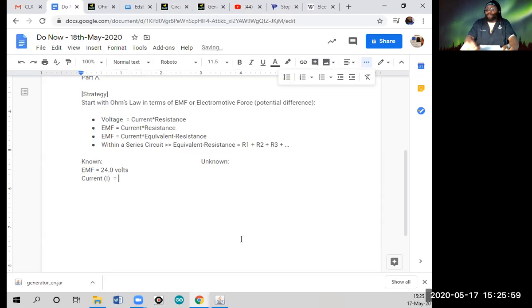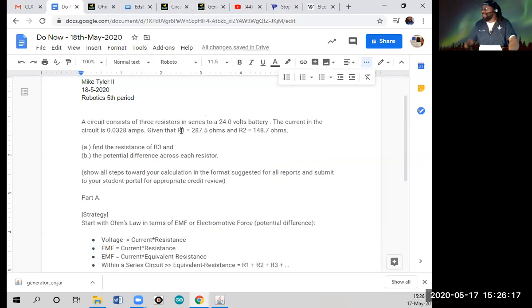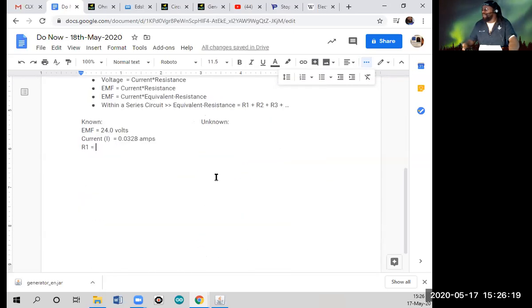The current in our problem is 0.0328 amps. Next, we have resistor 1, which they gave us. I'm putting this down for my notes, but again, this is given in the problem above, so you don't get confused. That's going to be 287.5 ohms, and that's our resistor.